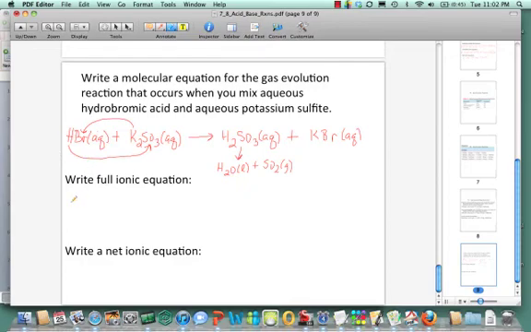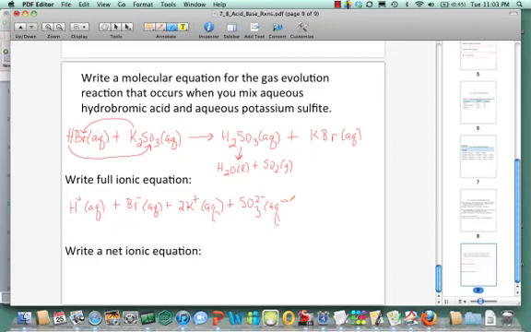So hydrogen bromide is aqueous, H plus, AQ, plus Br minus, AQ, plus 2K plus, AQ, plus SO3 2 minus, AQ.